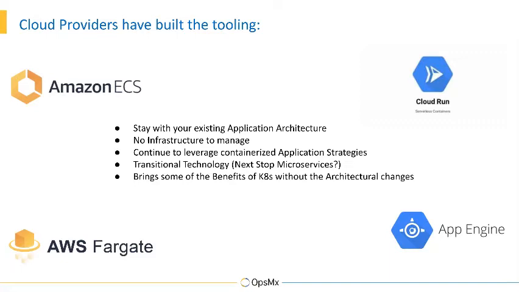For a lot of customers, these can be transitional technologies. So, look, I'm on my way to microservices, but I don't want to wait. I need to start to leverage the cloud. I need to start to get out of the infrastructure management business, but I'm not quite ready yet. And again, that last bullet brings some of the benefits of Kubernetes without the architectural changes.